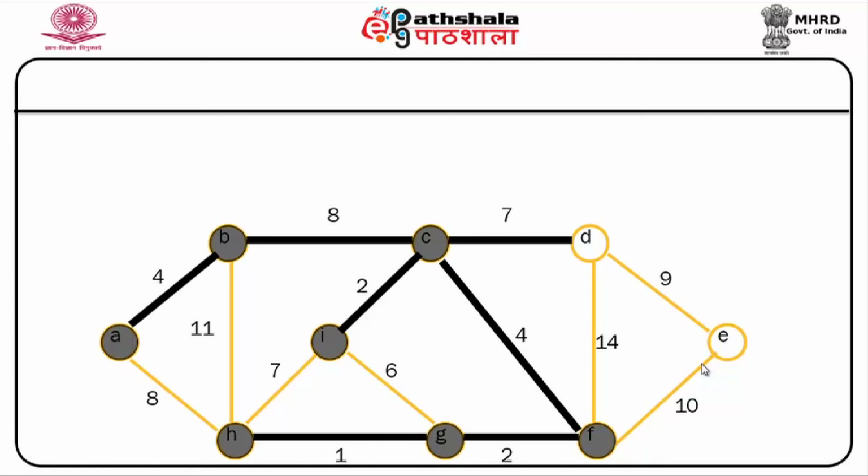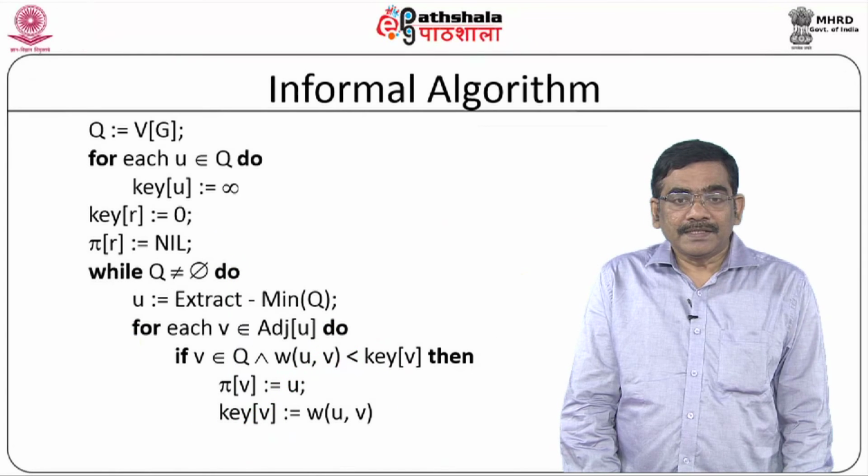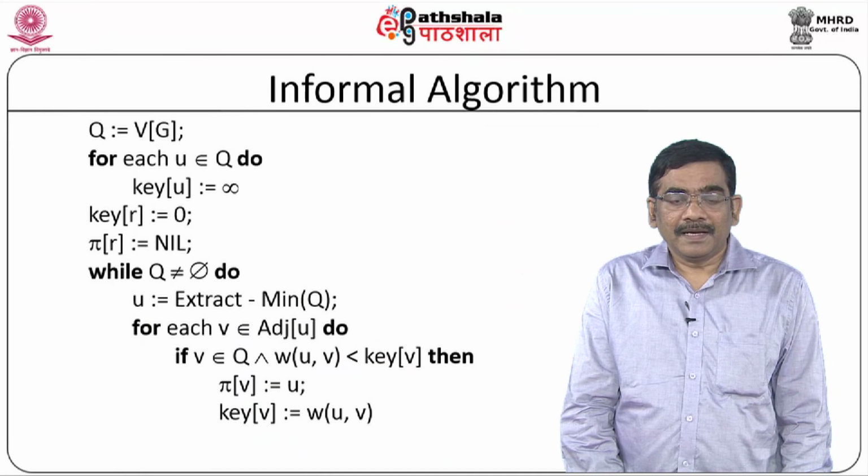So, it is going to be 7, then you can see it is 9. This is the spanning tree that I am getting. All the nodes are present, and this is the lowest cost spanning tree. So, this is the informal algorithm.